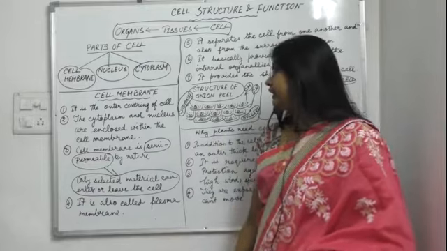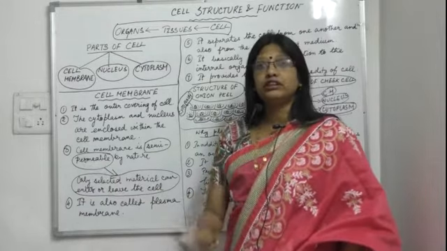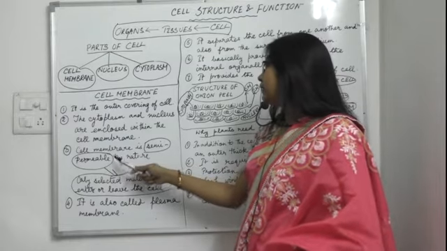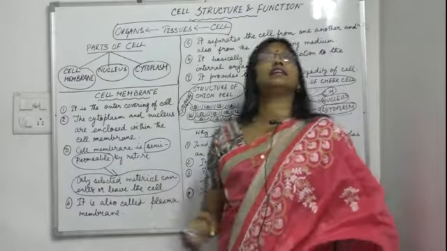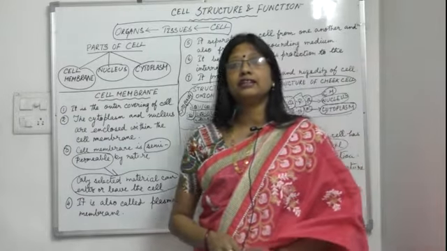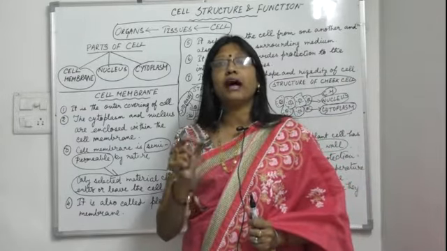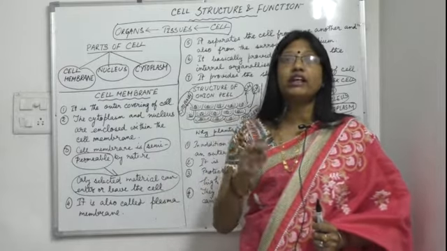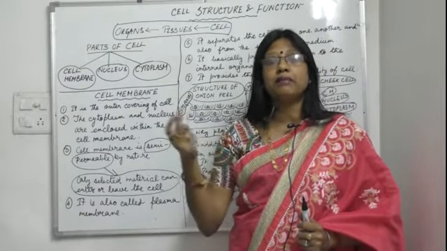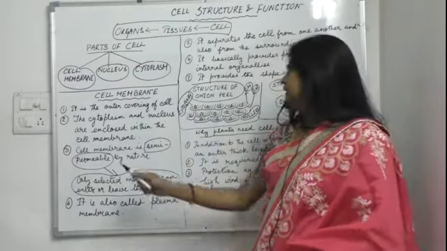The third point is a very important point, that is, the cell membrane is semi-permeable by nature. Now you can ask me, what is semi-permeable? What does the term actually mean?